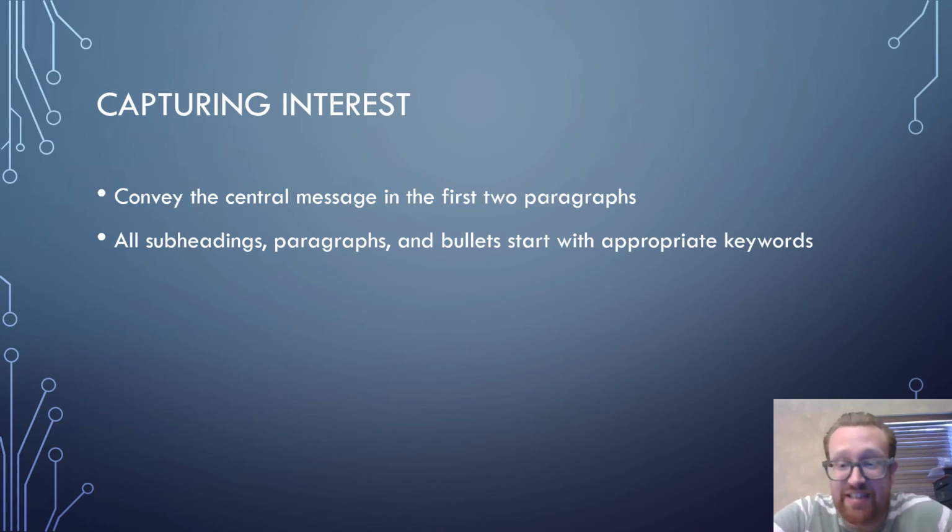People don't read. And the same thing goes here. If you are doing a paragraph, you should do it to explain the company, and that's really about it. You're marketing things. All subheadings, paragraphs, and bullets should start with appropriate keywords. You want to list it and make it so people can find what they need to find easily and quickly.